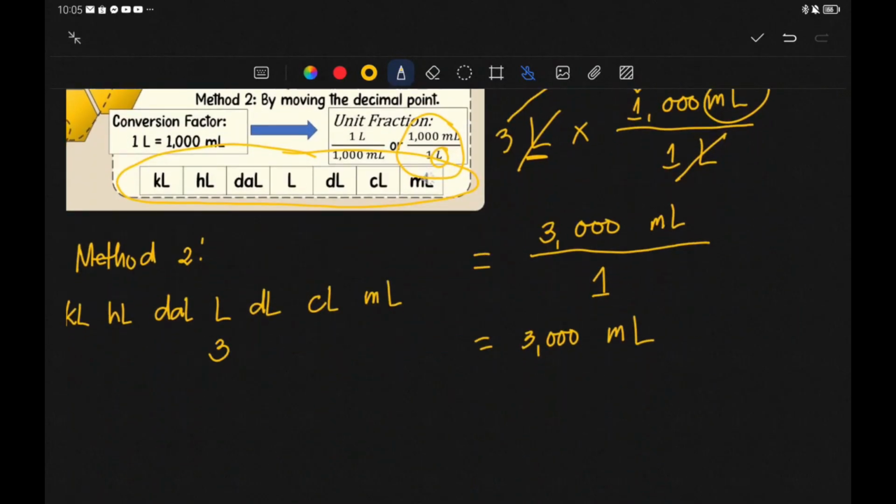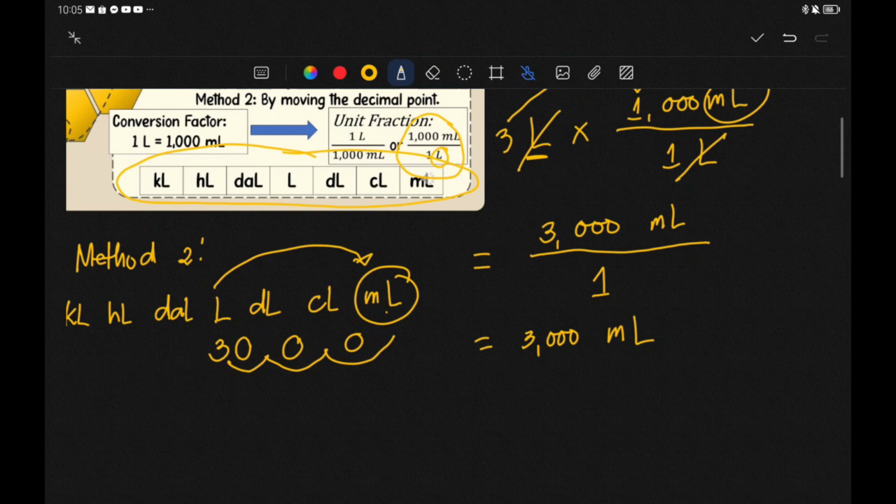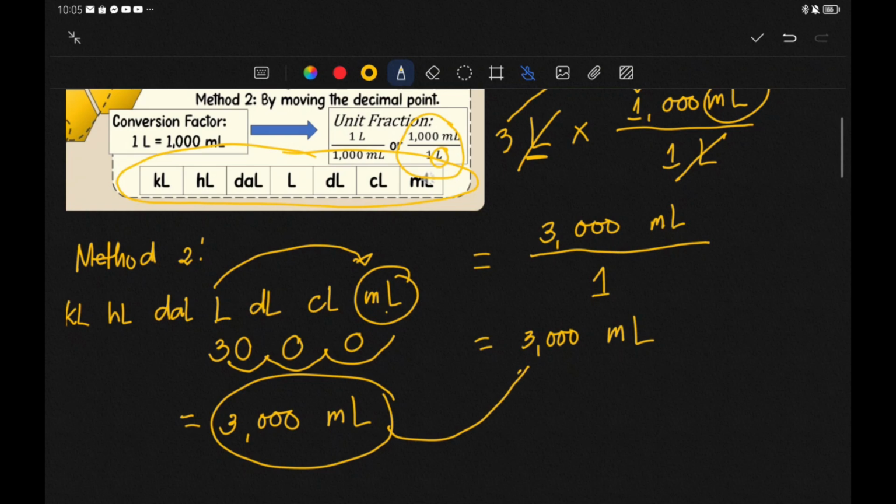Now, from liters, we are going to milliliters. So the decimal point is here. We need to move from liter to milliliter. So liter, deciliter, centiliter, and milliliter. So we need to fill the blanks with 0. So that is equal to 3,000 milliliters. And this answer is the same as our answer in method 1.